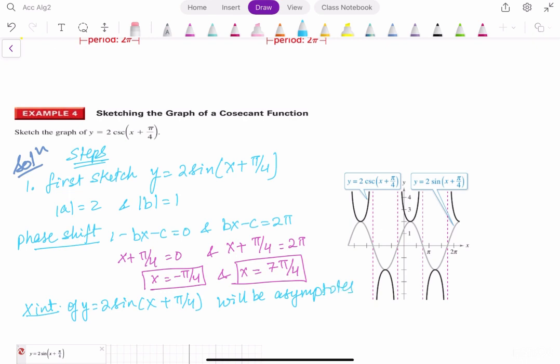And the x-intercept of the sine function will work as the asymptote of the cosecant function. Right? So the x-intercept will happen at negative pi fourths, 3 pi fourths and 7 pi fourths. Period is 2 pi.